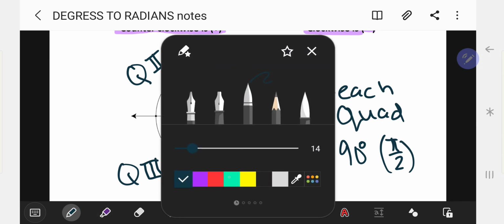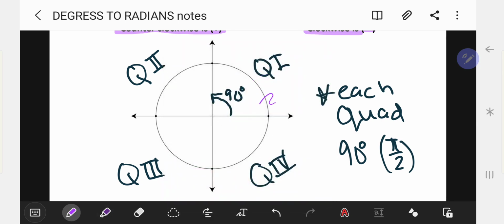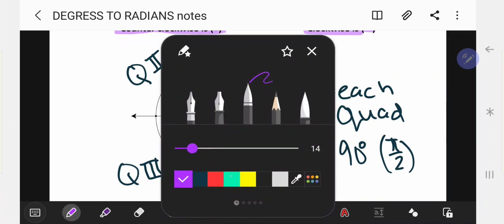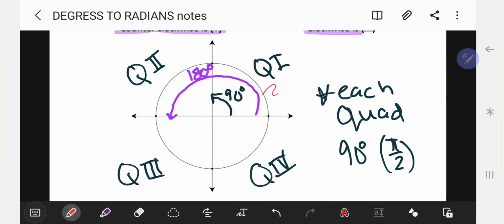If I go 2 quadrants, that means I've gone 90 plus 90, which is 180 degrees. If I go 3 quadrants, that's 90 plus 90 plus 90, so that's 270 degrees.